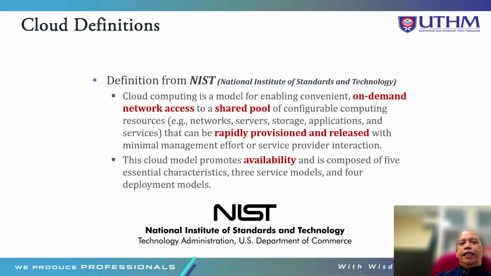According to NIST, the National Institute of Standards and Technology, cloud computing is a model for enabling convenient on-demand network access to a shared pool of configurable computing resources, for example networks, storage, applications and services, that can be rapidly provisioned and released with minimal management effort or service provider interaction. This cloud model promotes availability and is composed of five essential characteristics, three service models and four deployment models. I'm going to discuss that after this.